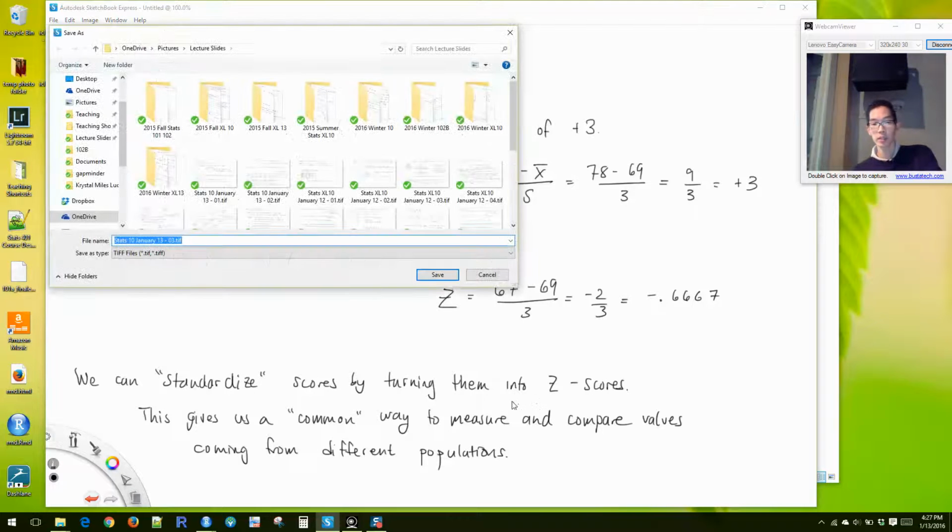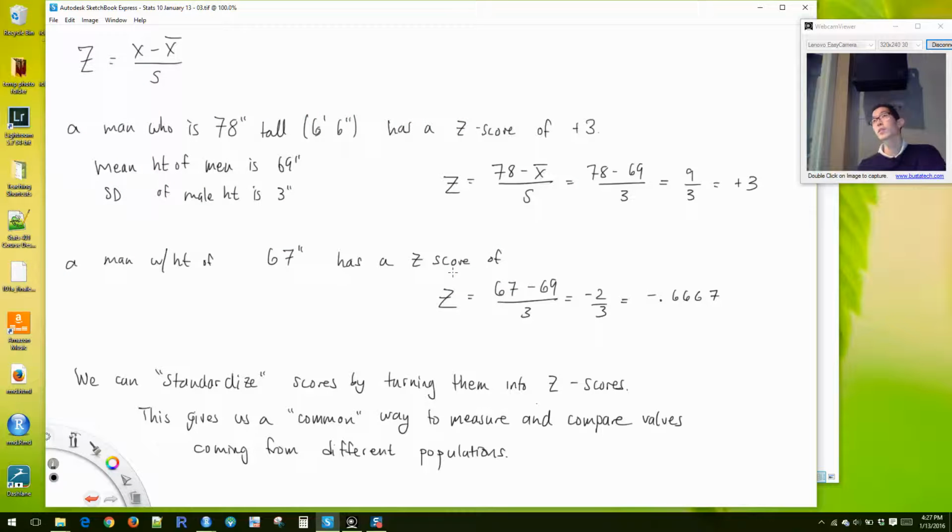All right, so I could say, what do you think is more unusual? A man who is 6'5" or a woman who is 6'2"? And what would you say? Yeah, you would say a woman who is 6'2", and that's just from your intuitive sense. A woman who's 6'2" seems more unusual than a man who is 6'5".